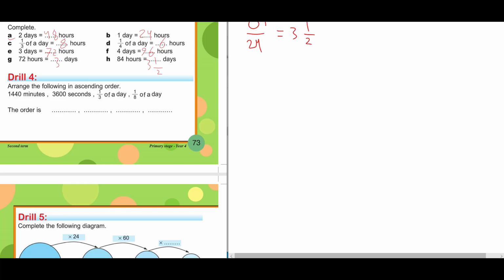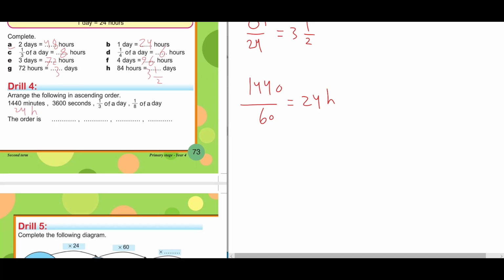So we will convert all units to hours. 1,440 minutes divided by 60 equals 24 hours. 3,600 seconds equals 1 hour. Third day equals 24 divided by 3 equals 8 hours. 1 over 8 of day equals 24 divided by 8 equals 3 hours.